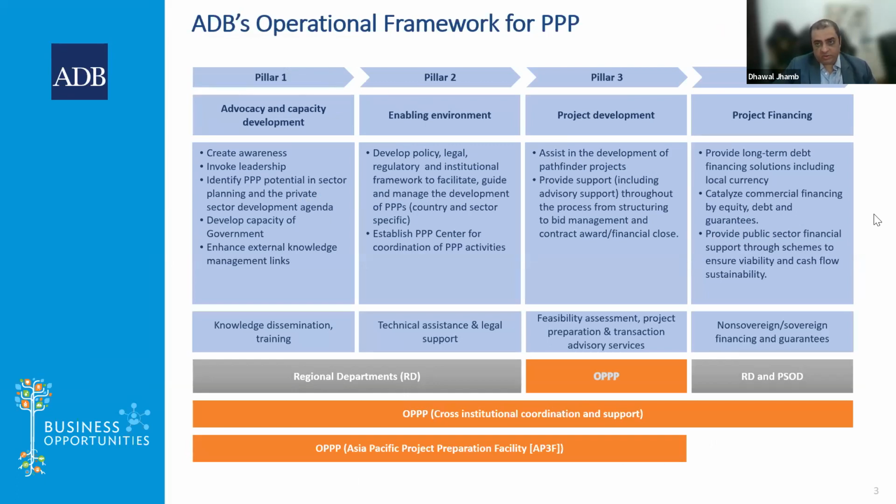Under this, it's all about creating awareness, invoking leadership, trying to help clients or government agencies to identify and select PPPs in a potential sector, develop capacity in terms of what projects or what sectors are amenable to PPPs, and share any external knowledge links, or try to share knowledge in any other international manner.